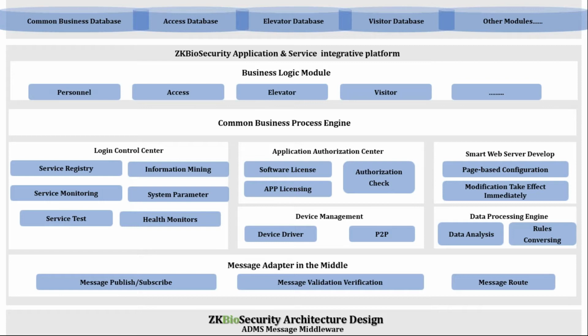With the health monitor, we can identify the performance of the software, how much memory has been consumed, and others. There is also device management, where we can learn about the device application, and the application authorization center, in which you can learn about the software licensing policy and the application licensing policy.